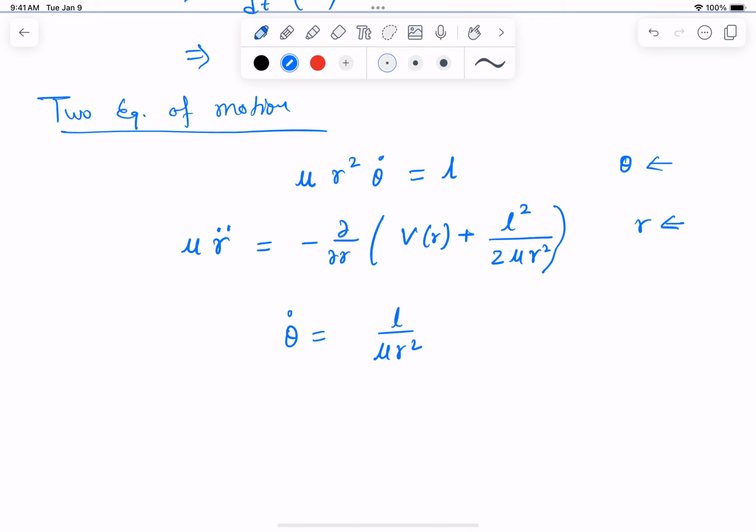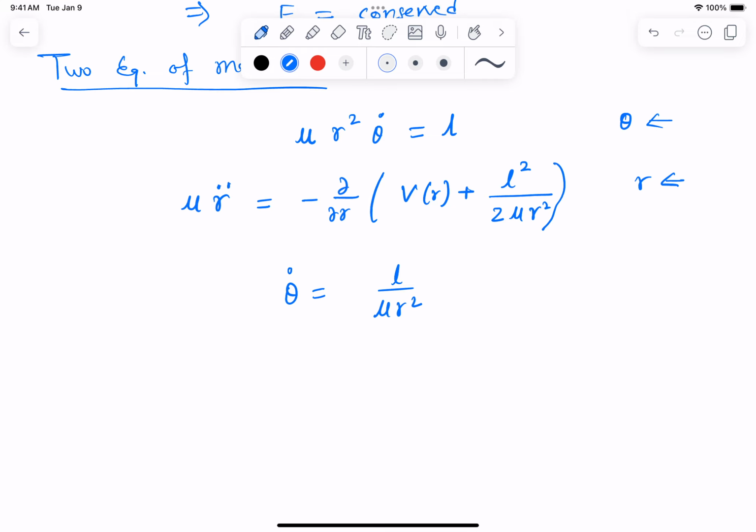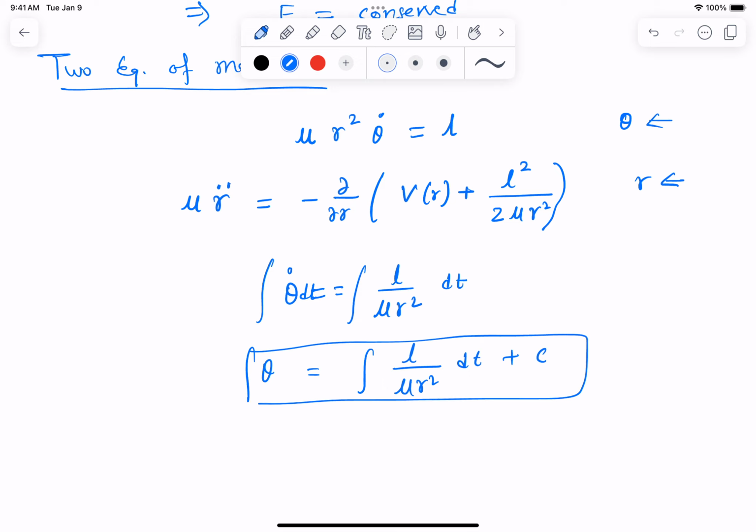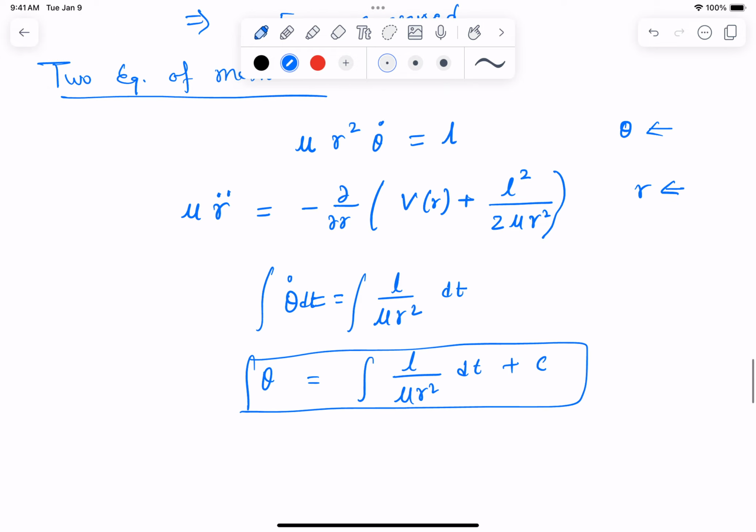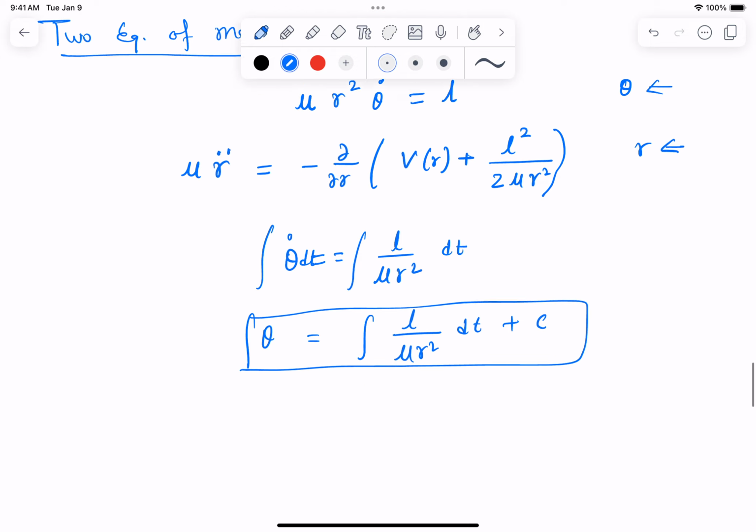So you can integrate both sides with respect to t, and you will get theta equals the integral of L over mu r square dt plus some constant. That will be your equation for theta, and the equation for r you can obtain from here.